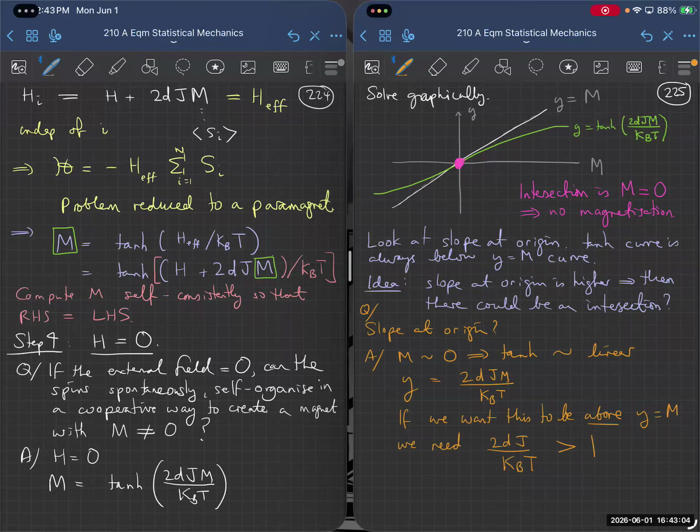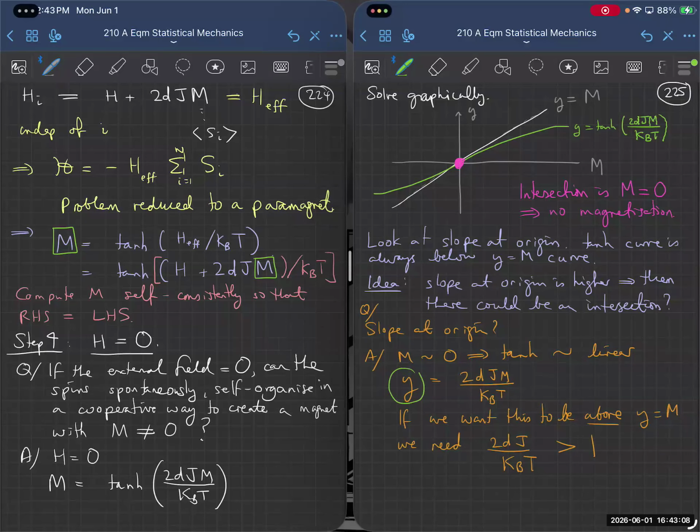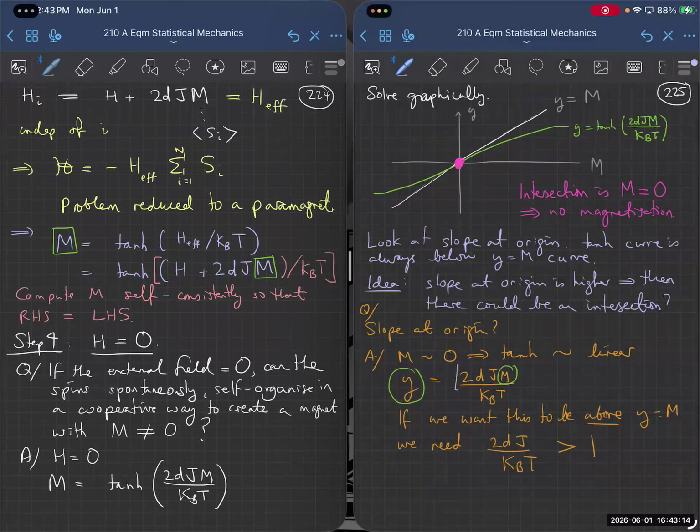Remember that this curve is y equals m, and this other part is the slope at the origin.